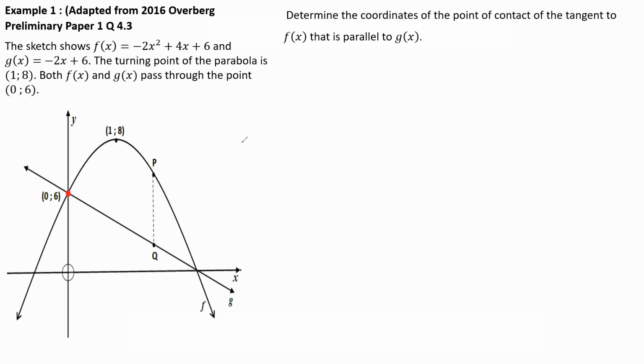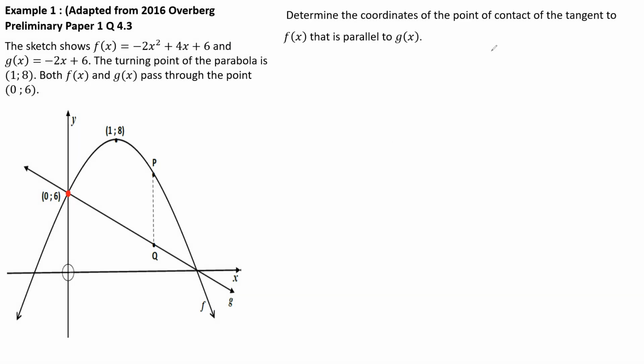Determine the coordinates of the point of contact of the tangent to f of x that is parallel to g of x. So I need to read this again. Determine the coordinates of the point of contact of the tangent to f of x that is parallel to g of x.